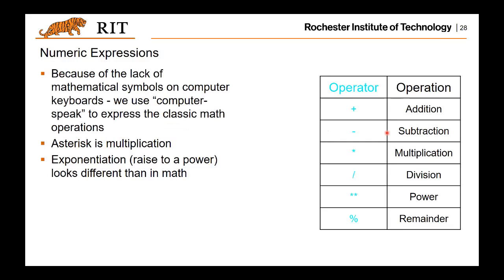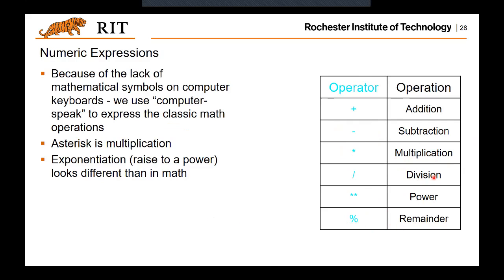As I mentioned, there are different operators, including the star, which is multiplication, and we have addition, subtraction, multiplication, division, and these two stars together mean a power. And this percentage sign means the remainder, right?